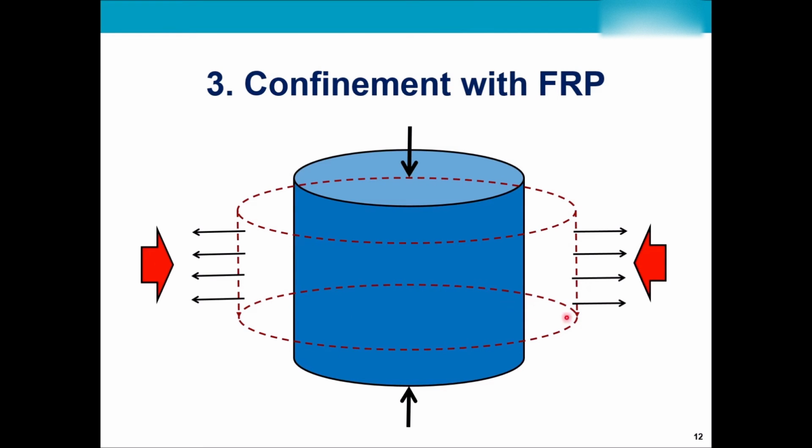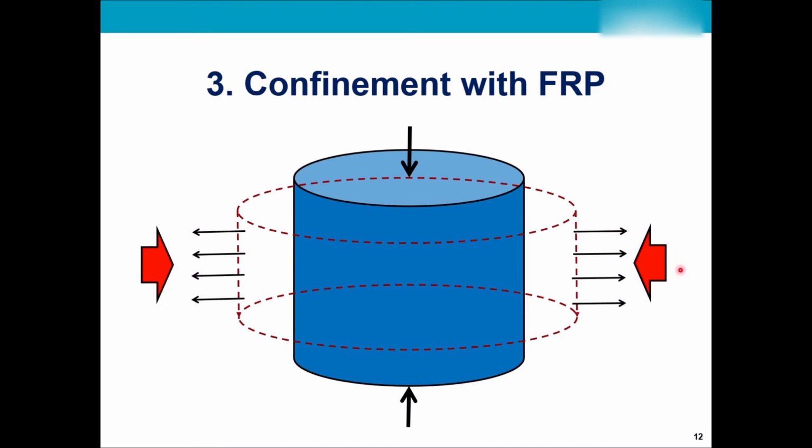I have been talking about confinement a lot, so let's concentrate on confinement. Imagine this is your shape, your column or any component of the structure. For sure, if I just apply axial loads, like compression in this case, so the top force and the bottom force are coming together, the shape will start moving to the sides and it will reduce its length, but it will increase its cross-sectional area.